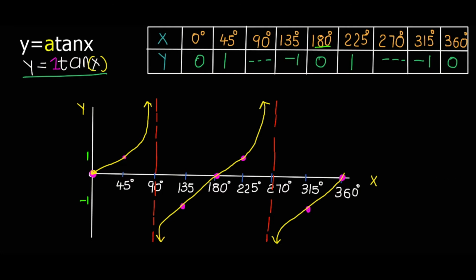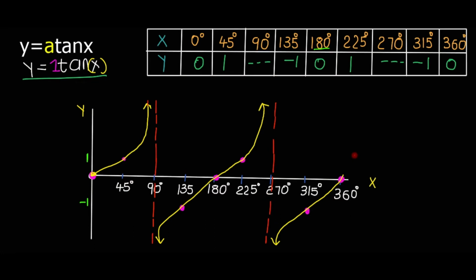So always join your points, and then make sure that those lines do not touch the vertical asymptotes. And then now because we have drawn our graph, you must be able to answer questions such as the range, the domain, and the period.